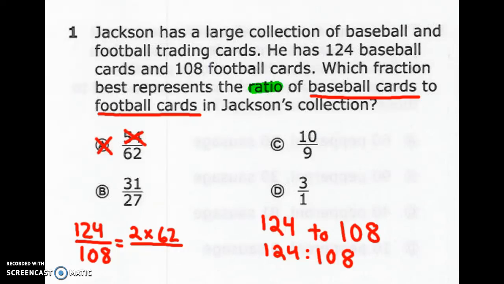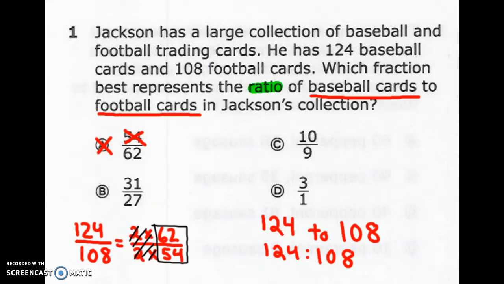Using one of these numbers, I want to see what can I multiply to get 108. I can multiply 2 times 54. So I'm checking to see what do I have the same on top and bottom. What I notice I have the same on top and bottom is the number 2. So I can go ahead and cross them out. What I have left is a simplified fraction of 62 over 54.